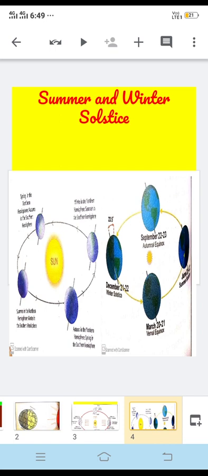So opposite of that, suppose one hemisphere is getting more sun rays, the opposite situation will be there in the other hemisphere. So in the southern hemisphere, these conditions are actually reversed on 21st June.